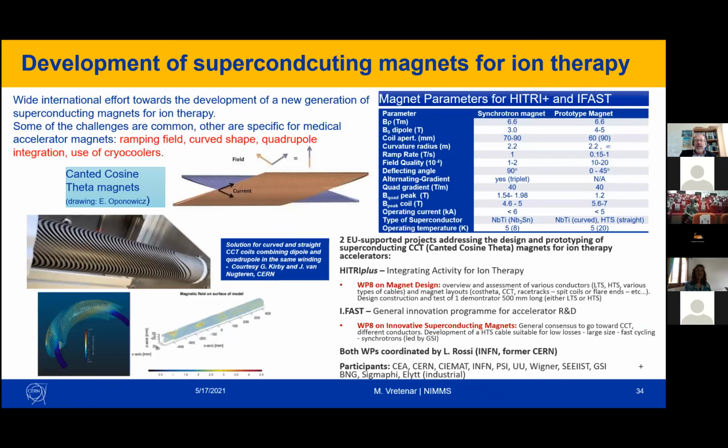However, one of our main directions of exploration is in the field of superconducting magnets, and in particular new designs of magnets. There is quite some interest in using magnets of the so-called canted cosine theta type. I don't want to go into many details, but these are made with two windings with a slope.